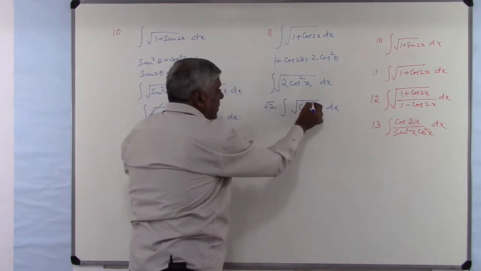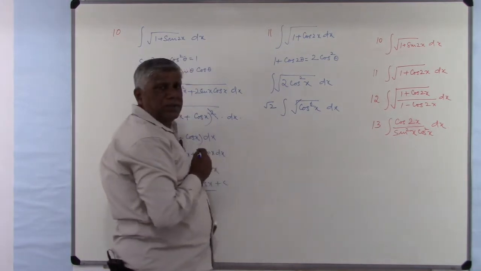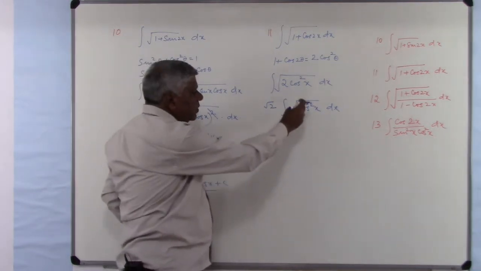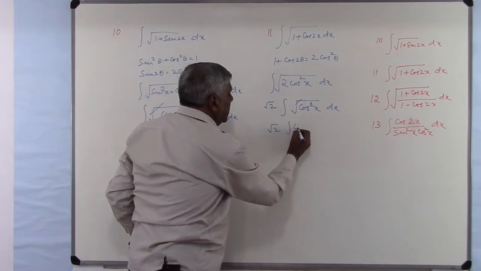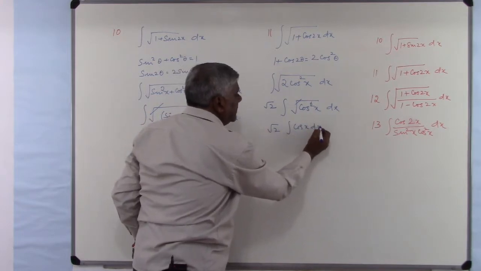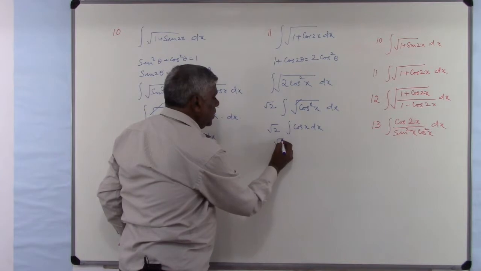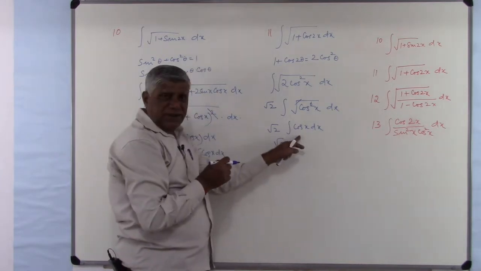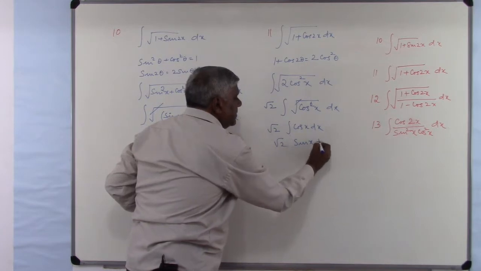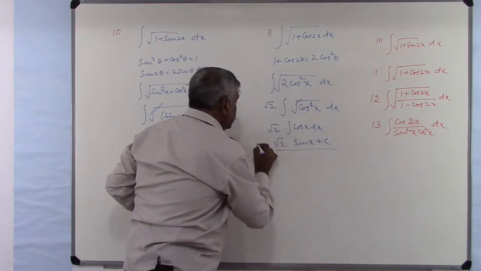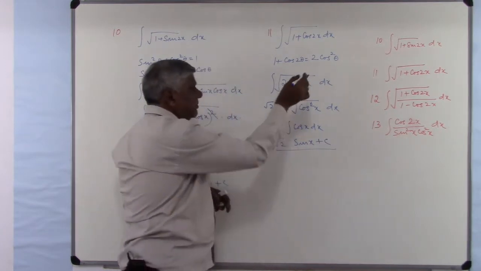Now this square and root cancel. Therefore root 2 integral cos x dx. Now root 2, what is integral cos x dx? It is sin x plus c. So this is the answer for that.